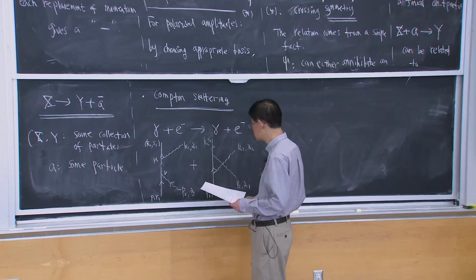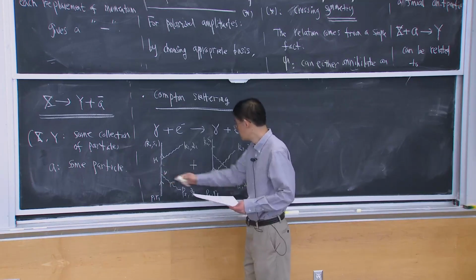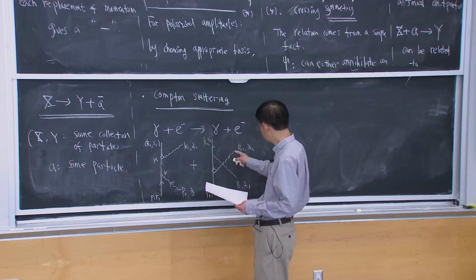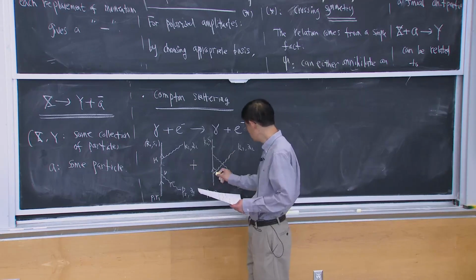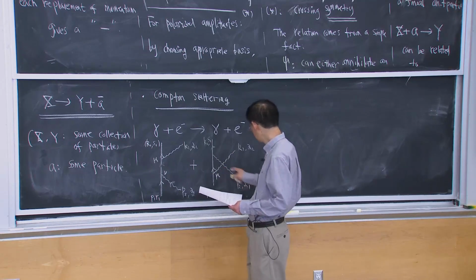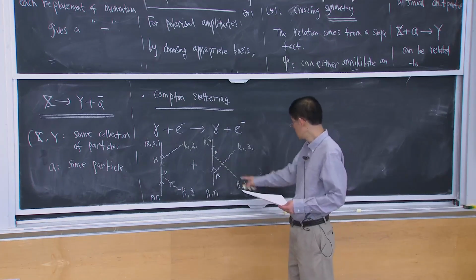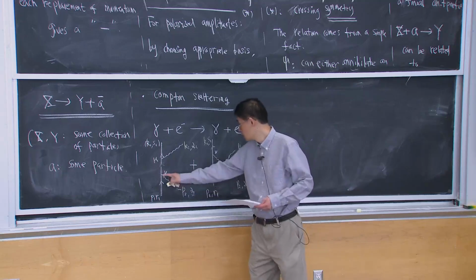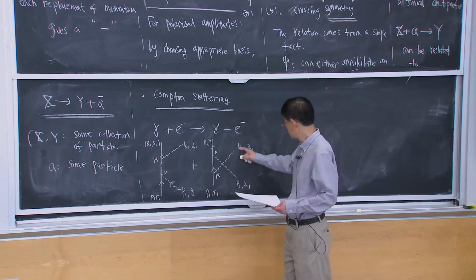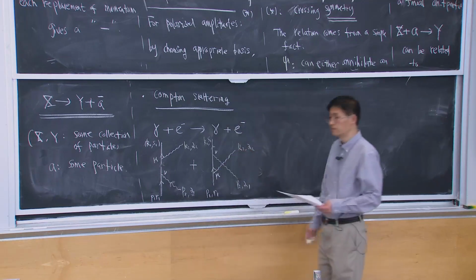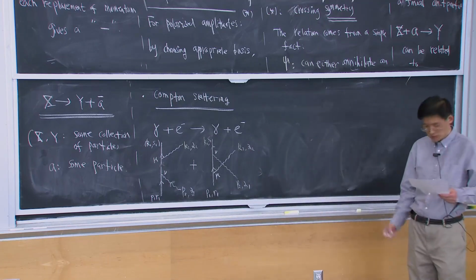The only difference is that the roles of mu and nu are switched. So mu now is here, and nu is here. Okay? So nu is associated with the polarization of the ingoing photon, and mu is the polarization associated with the outgoing photon. Okay. So this is my Feynman diagram.